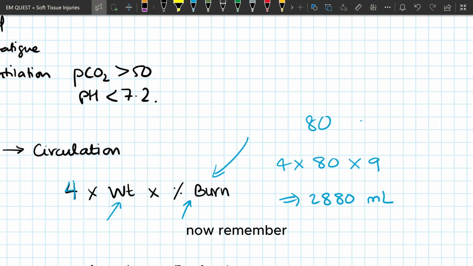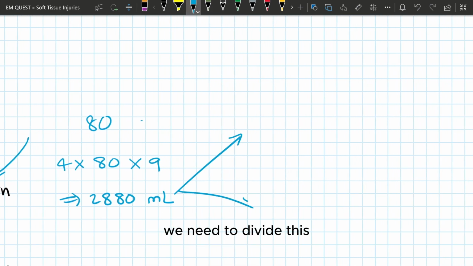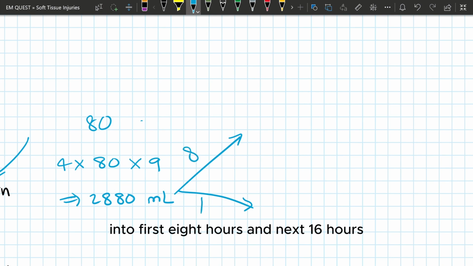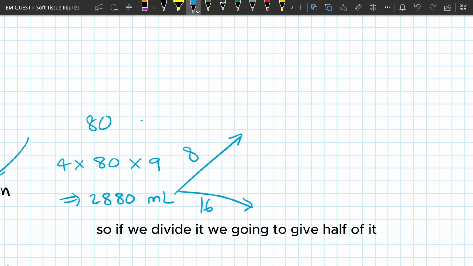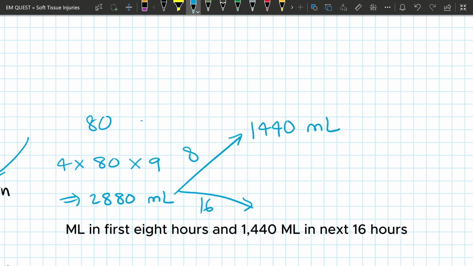Now remember, we need to divide this into first 8 hours and next 16 hours for the first 24 hours. So if we divide it, we're going to give half of it. So we are going to give 1440 ml in first 8 hours and 1440 ml in next 16 hours.